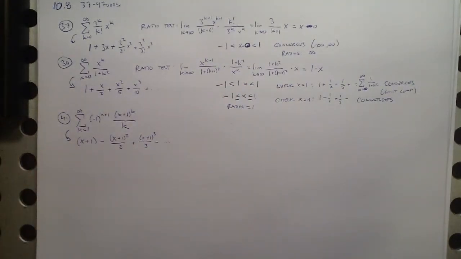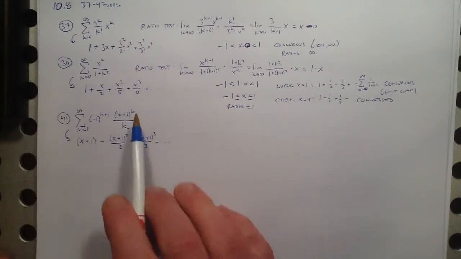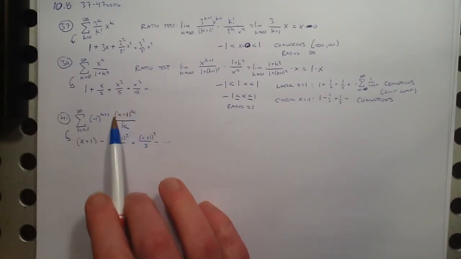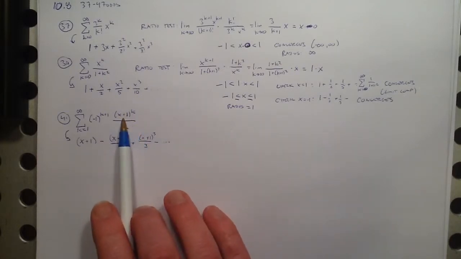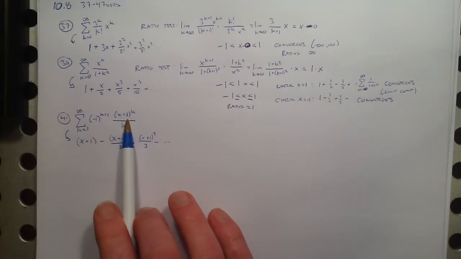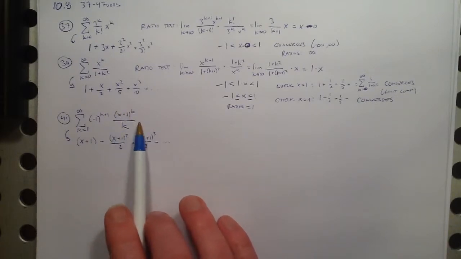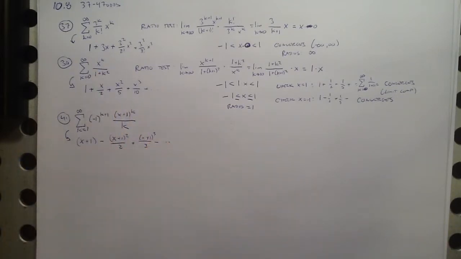The first thing to note here is this is the first one that we've seen where it's not just an x here, it's an x plus 1. So thinking about how we build these series and the recipes for Taylor series, this is a series that has not been created at 0, rather it's been created at -1. All of the ones that we've seen before up to this point have just been an x to the k power.